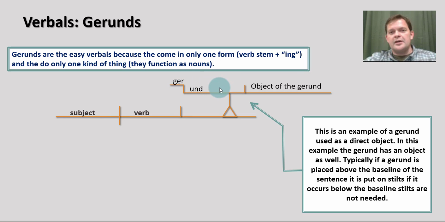Remember that gerunds, because they retain some of the properties of a verb, can have objects, and you will place the object of a gerund on the line the gerund is on, after a short vertical line that does not go through the horizontal line. In this example, the gerund is functioning as the direct object. The gerund phrase is functioning as the direct object.